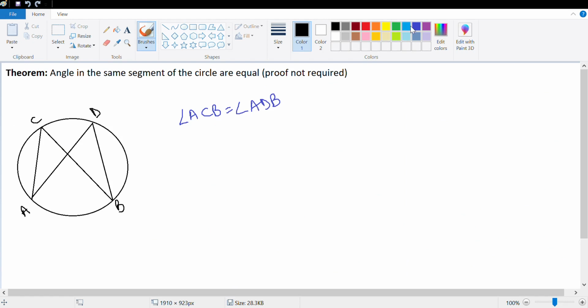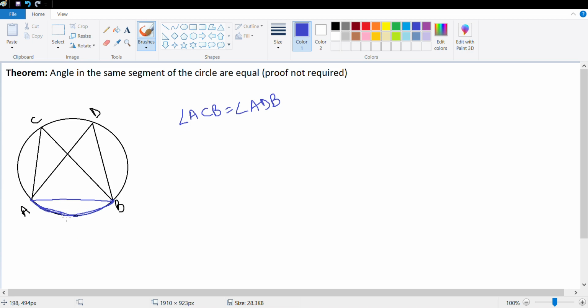The next one says angles in the same segment of the circle are equal. Now, the proof for this is not required in our syllabus, but let's see what it means. Looking at the segment or the arc here, if I make the chord, this is the segment.